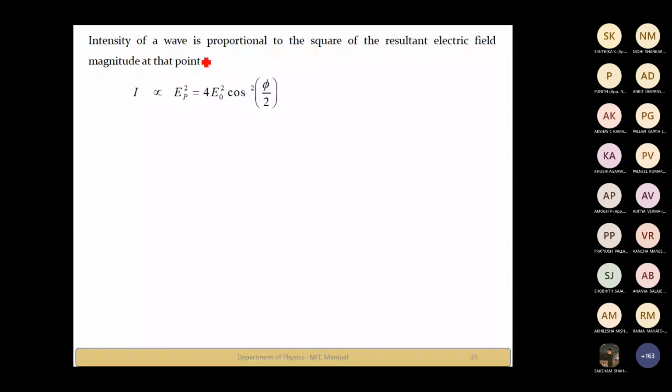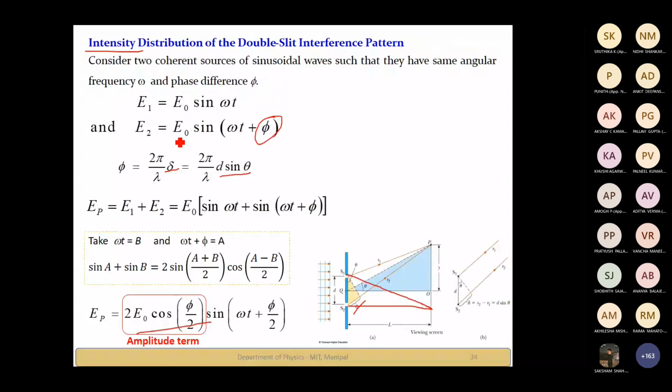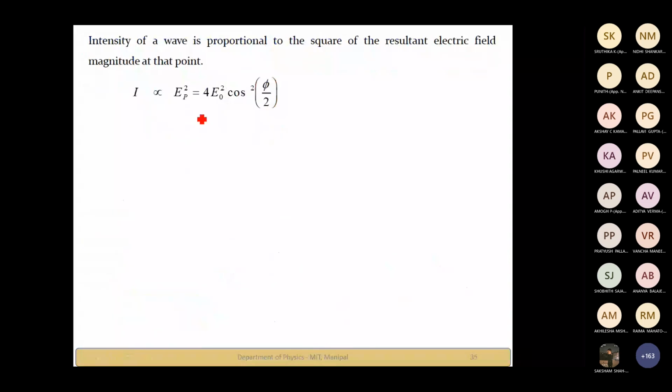So if you square the amplitude, we get the equation 4 E naught square cos square(phi/2). And we know that if E naught is the amplitude of wave 1 or wave 2 coming from slit 1 or slit 2, we can write I1 is proportional to E naught square.